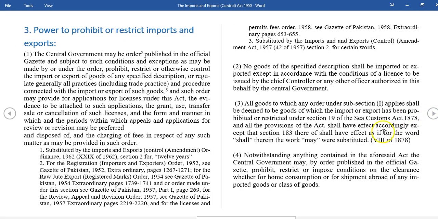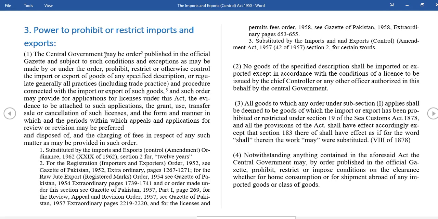In the third section we have mentioned who has the power to prohibit and restrict imports and exports. Here the power is given to the central government, because in the Pakistan period there were 5 provinces including Bangladesh.